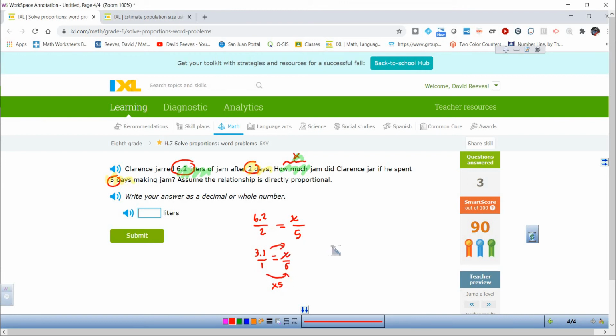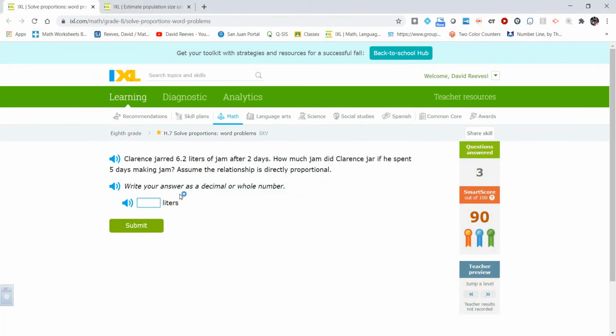So the question is then, what is 3.1 times 5, and it's a very nice problem. 5 times 1 is 5, 5 times 3 is 15, and I get 15.5 liters of jam. Would you look at that? Fantastic. All right, so that is how you set up these problems, solving proportion word problems.